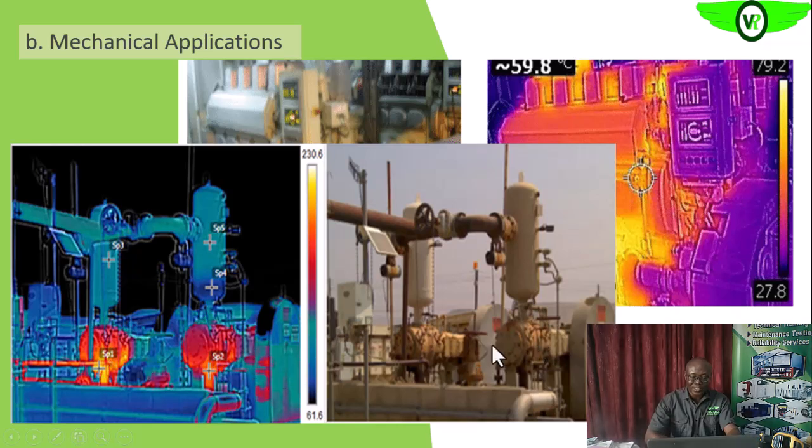So you see that around the first stage, the compressed air before it goes to this particular vessel, the surge drum, here you see the hot compressed air, which is the normal thermogram. Because you are compressing, reducing the volume of the air or the gas, what happens? You increase the temperature.